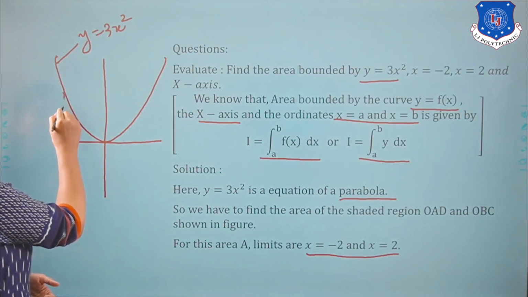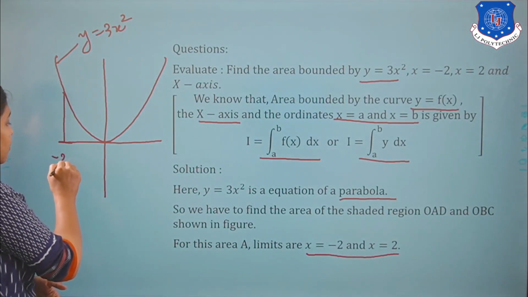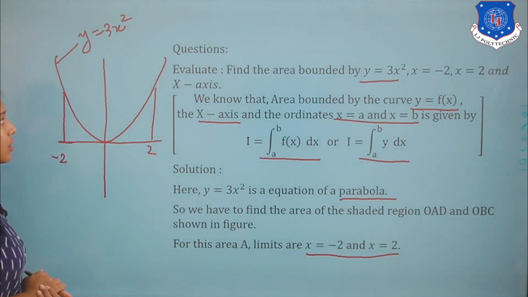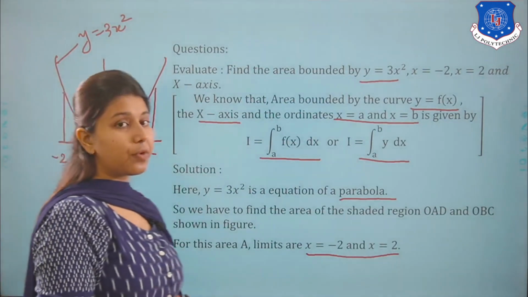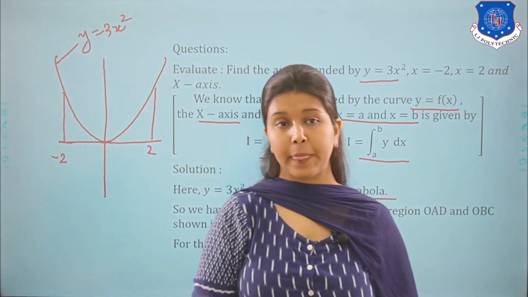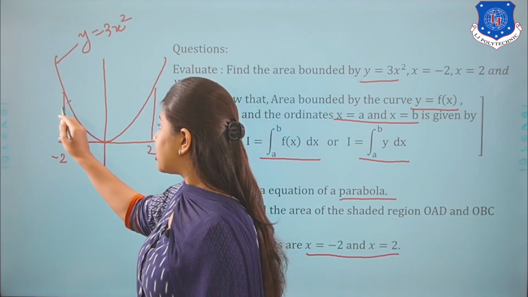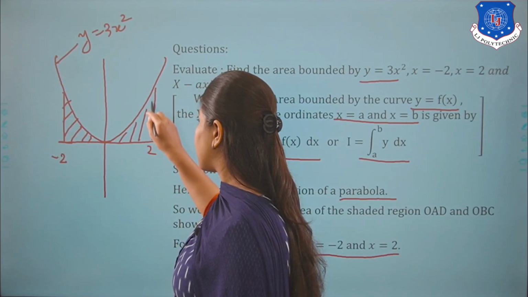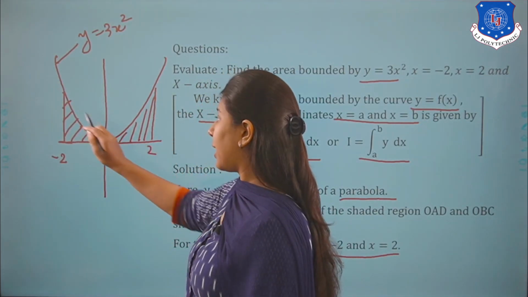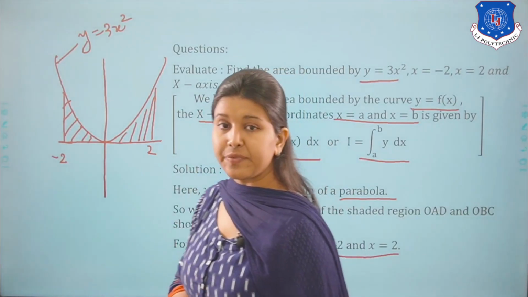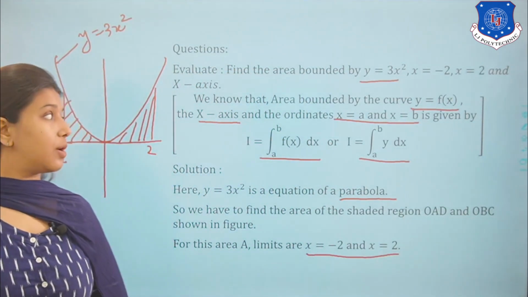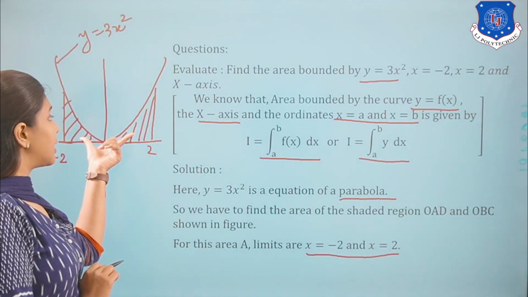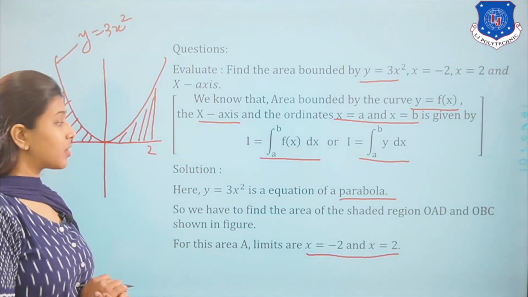That means if x is equals to minus 2 and 2 are given, what you need to find? This shaded part between this limit and the parabola is your area. So you need to find this area bounded by this curve.